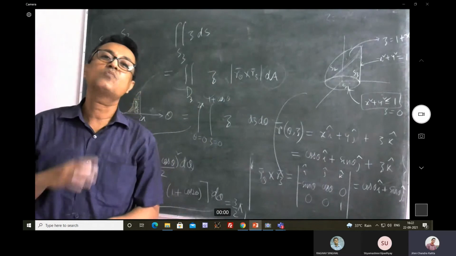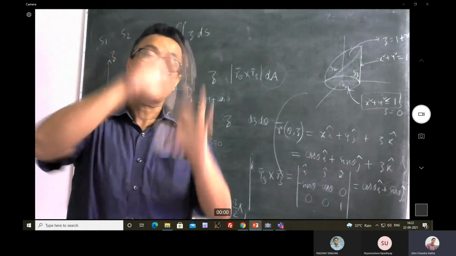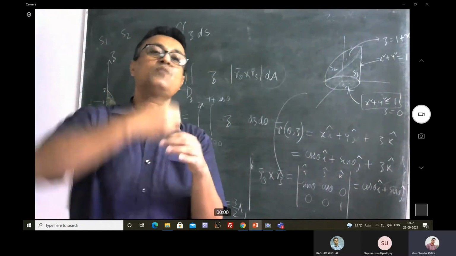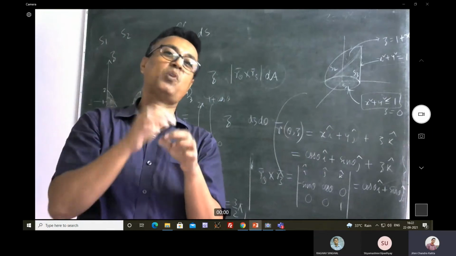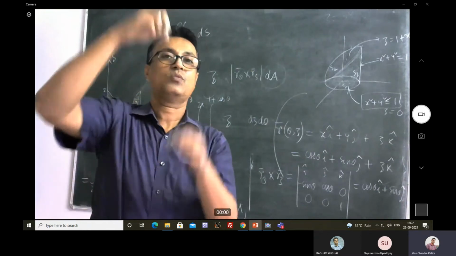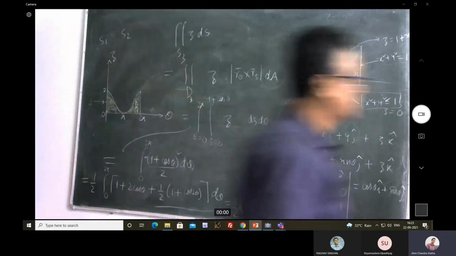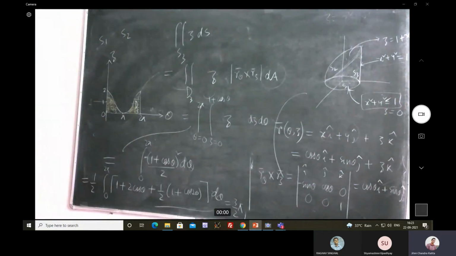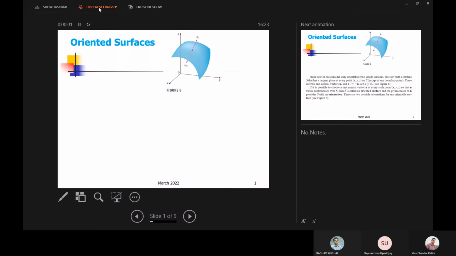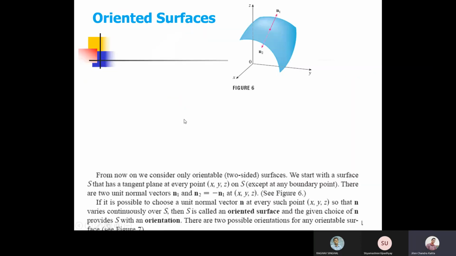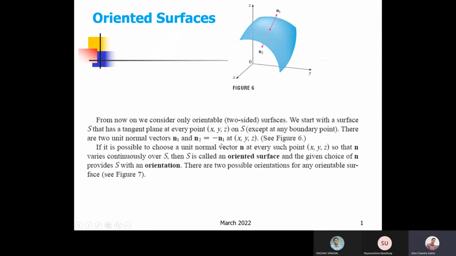So you must have two distinct sides. Basically, you must be able to draw at each point of the surface two normals, one outward and the other inward. Suppose we consider a unit outward normal.